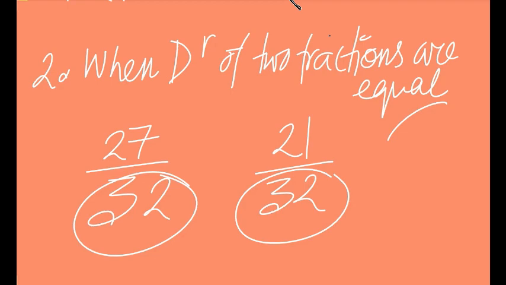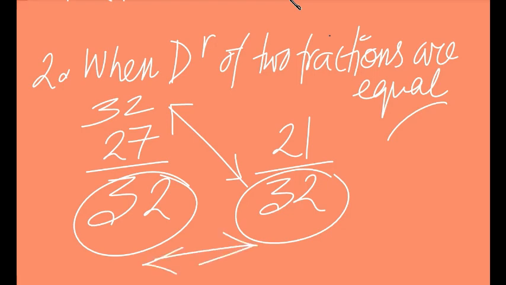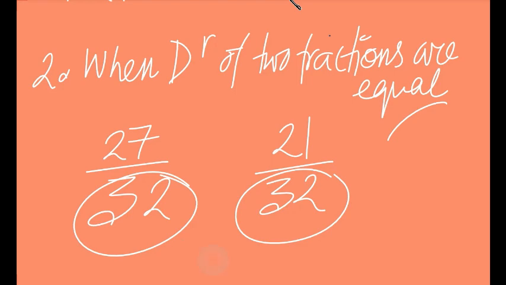Not exchanged together, like this is 32 and this is 32, so this kind of comparison won't happen. It will always be linear comparison, denominator with denominator, numerator with numerator. And this cross thing is your third technique, and I'll show you that, because that is very useful at times.